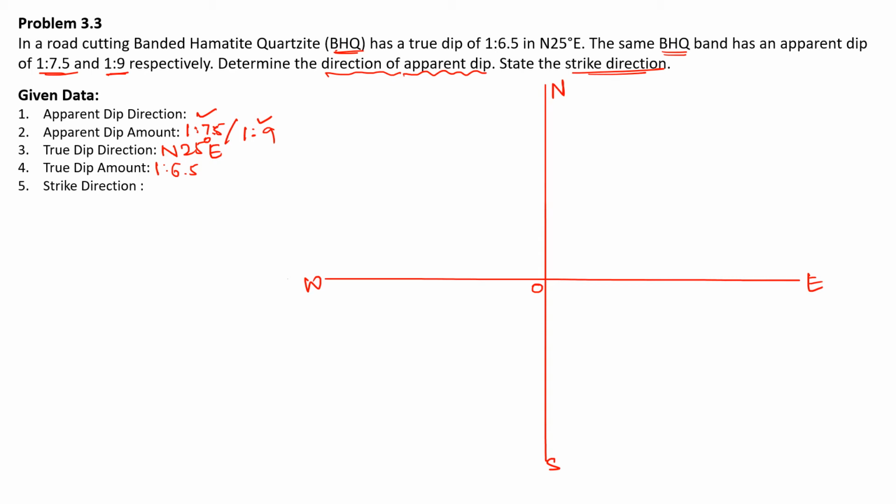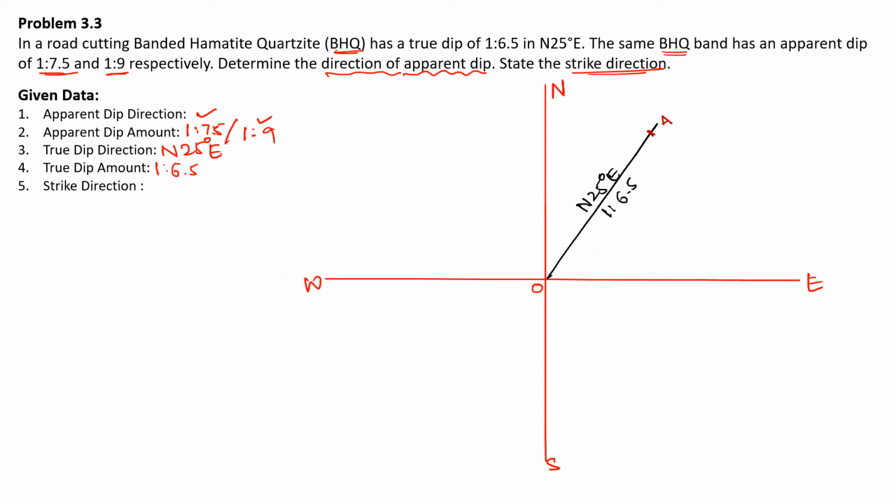So north 25 east will come in this quadrant, originating from the point O. This is my north 25 east, amount 1:6.5. I'll mark 6.5 here and name that point as A.